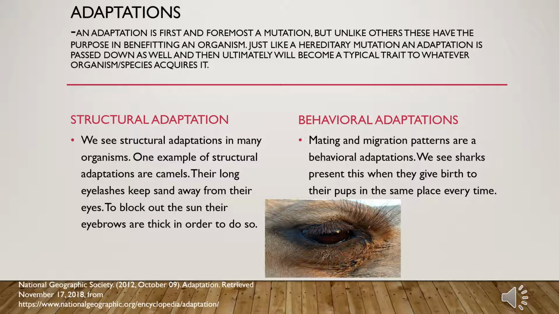No matter if it's across the ocean, they travel back to have their pups there. They grow there, and then once their pups grow and have babies, they go back to the same location they were born and do it all over again. So it's very fascinating, very awesome to know. And those are the kinds of adaptations that an organism can acquire.